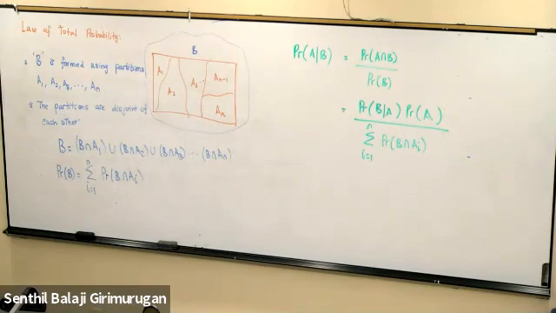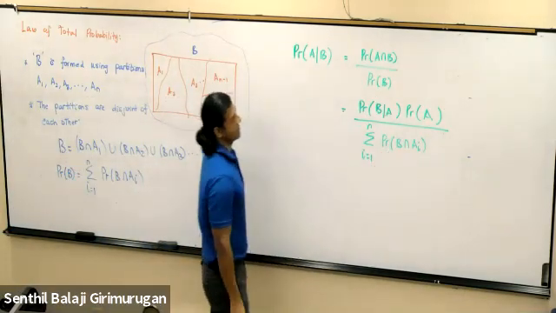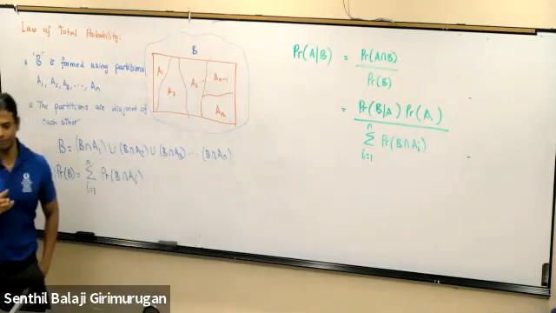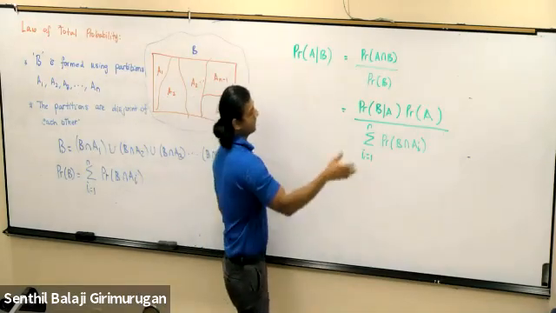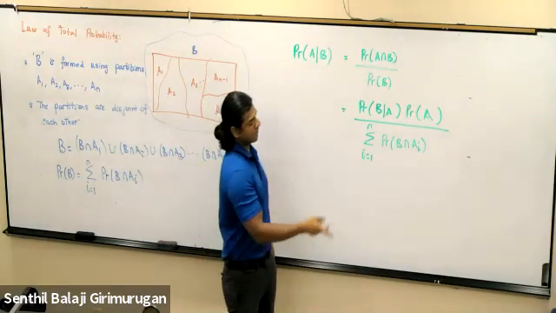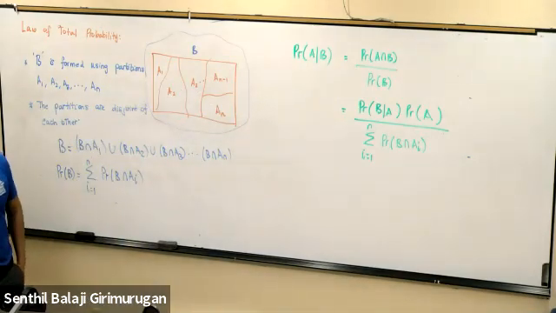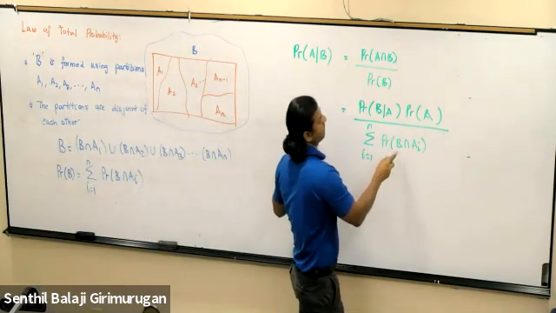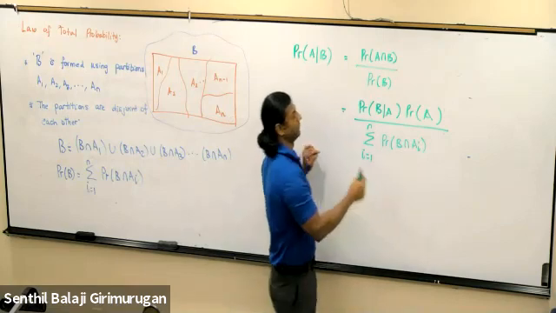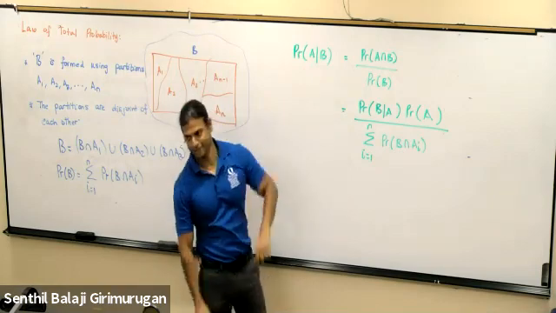I want to write B intersect AI using a conditional probability, and of course, I can't use A given B again. So how do we write that? Do you follow my question? I would like to write probability of B intersect AI using a conditional probability, but it shouldn't be that.